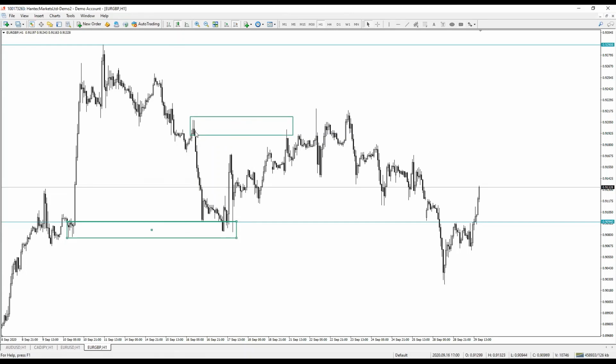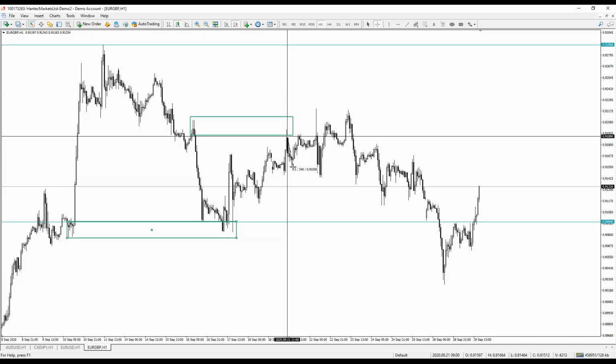See what happened when price gets for the first time into a first supply. It climbs all the way up, gives almost 8 pips inside, and then gives a 34 pips reaction before it continues. This is how we mark supply and demand.